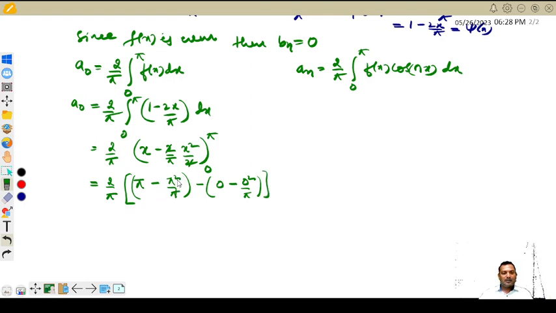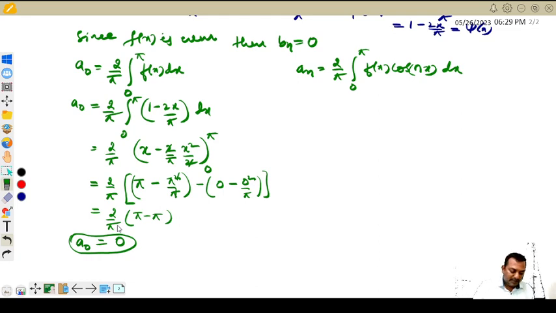So here pi and pi get cancelled. So this is 2 by pi into pi minus pi. So pi minus pi is 0, 0 into 2 by pi is 0. Therefore, the value of a naught is equal to 0. Fine. Next.